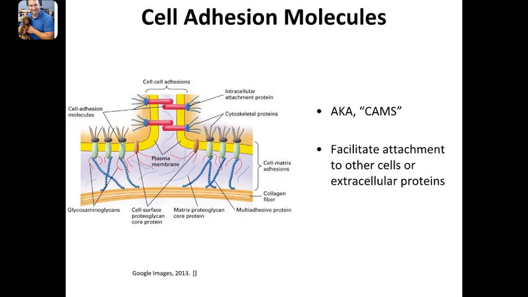Some epithelium has adhesion molecules that attach them together. Some of them are called desmosomes. They're like little anchors that hold cell to cell. Cell adhesion molecules are otherwise known as CAMs, and they're made of proteins.